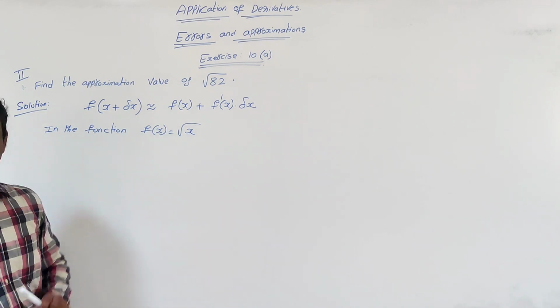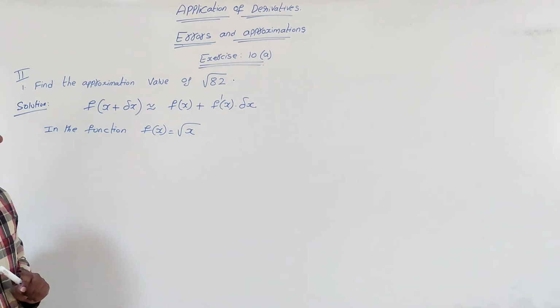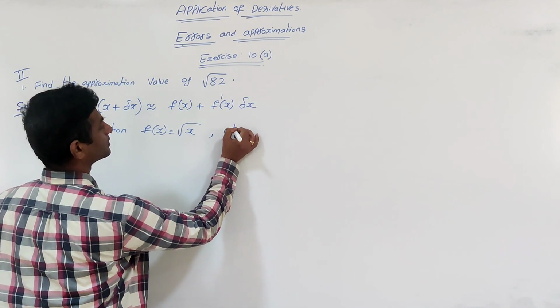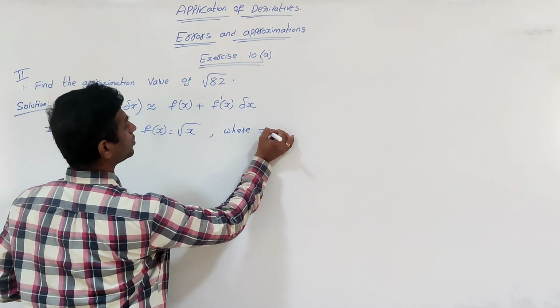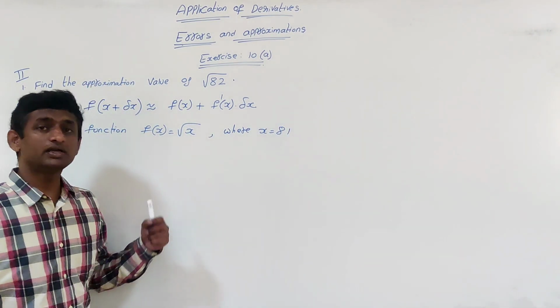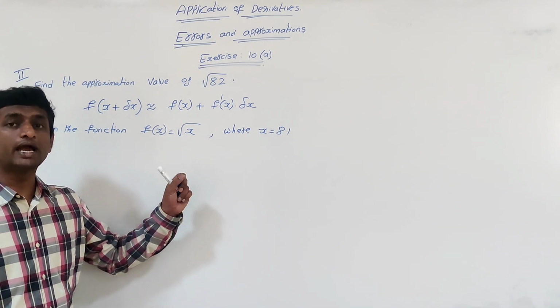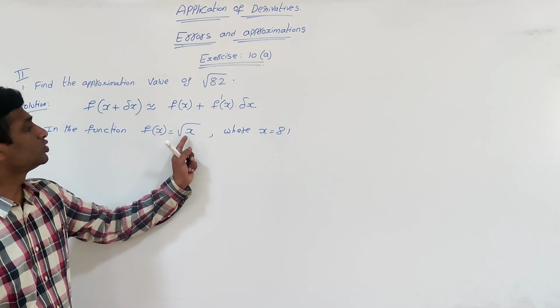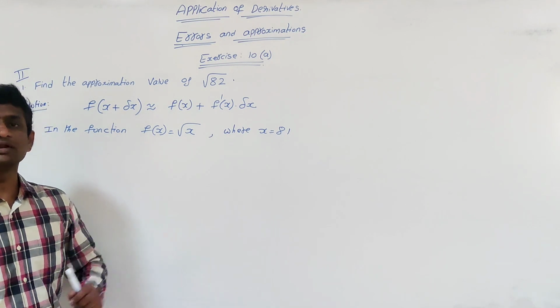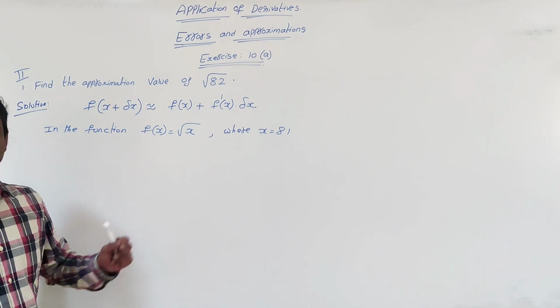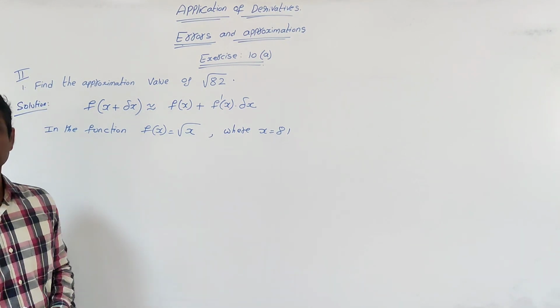So root x is the function where x is equal to 81. Why are we taking 81? It is simple to calculate what is root 81. As we know, root 81 is 9 and 82 is nearer to 81.